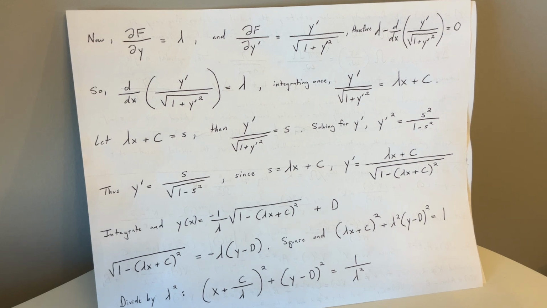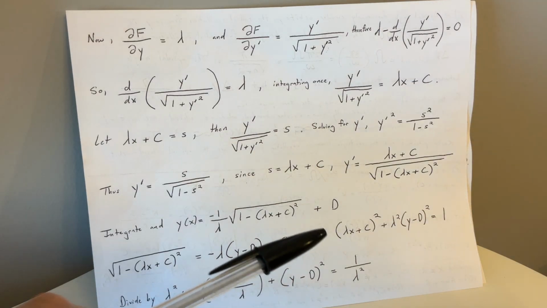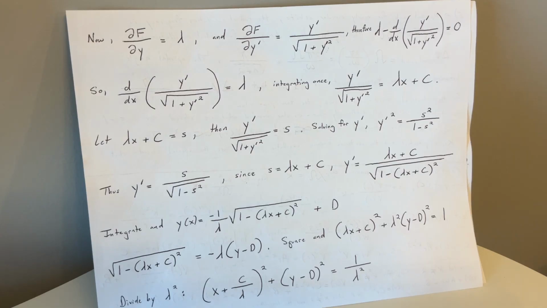So the square root of 1 minus the quantity lambda x plus c squared equals negative lambda times the quantity y minus d. Squaring, we get the following: the quantity lambda x plus c, squared, plus lambda squared times the quantity y minus d, squared equals 1.